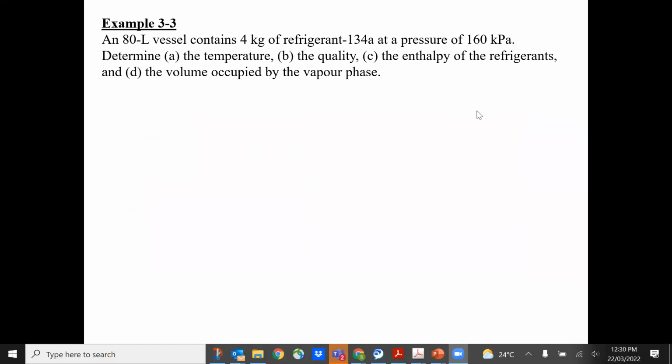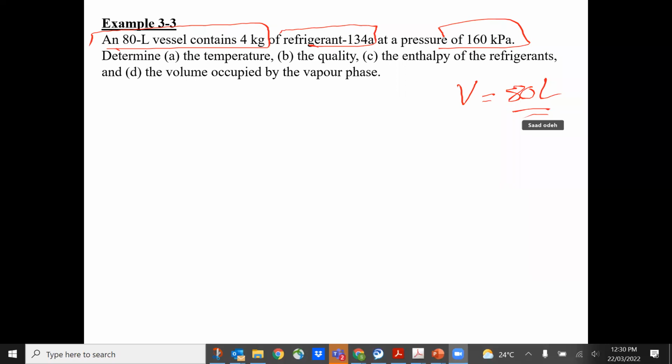All right, let's see this example. We have the same thing, an 80-liter vessel. It has 4 kilograms of refrigerant 134A, and you have a pressure of 160. It doesn't tell us whether there is a mass of liquid or vapor, nothing. I only know that the total volume is given as 80 liter, but make sure that this is liter, not cubic meter.